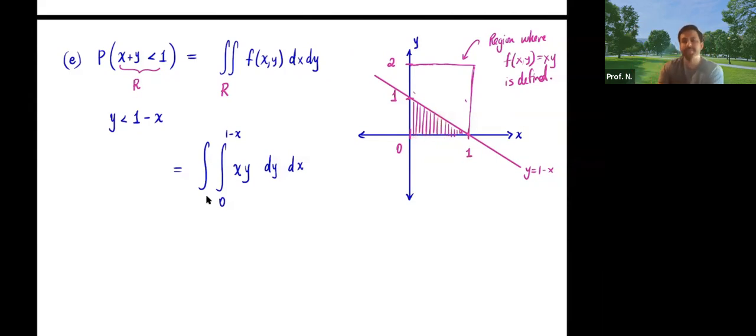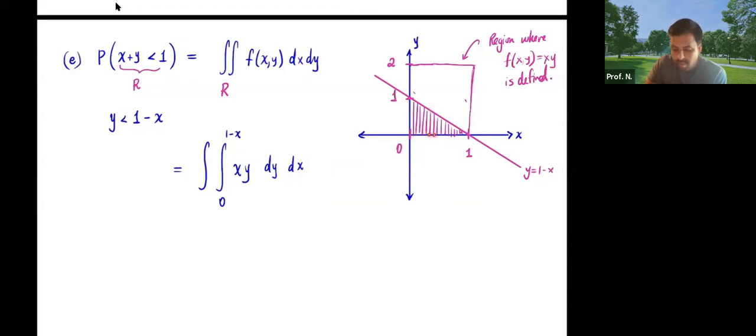This is sort of like an iterated for loop, right? You have two for loops, one nested in the other. So you're going through every x value, and for every x value, your y value ranges from 0 to 1 minus x. Do you guys see that?